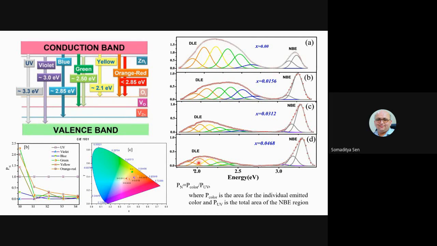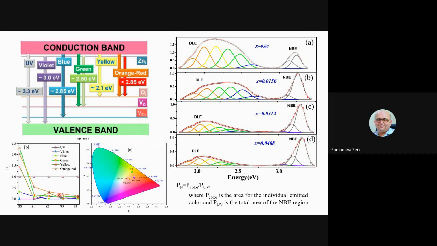So this is what we do in our lab. We get the data from somewhere else, but we analyze the data, and then we can put it into a quantitative comparison. You see here we have put the UV emission as 1. This is normalized data. UV emission is 1 because we know that the UV emission is responsible for the conduction band to valence band transition. So it is something which is latent to the material, and it is expected.